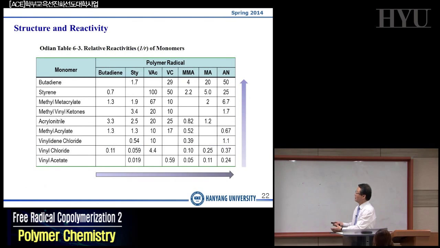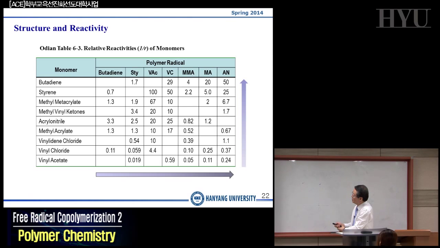We can take a look at the second table. We have butadiene, styrene, methyl methacrylate, and so on, and vinyl chloride and vinyl acetate. This is the monomer.